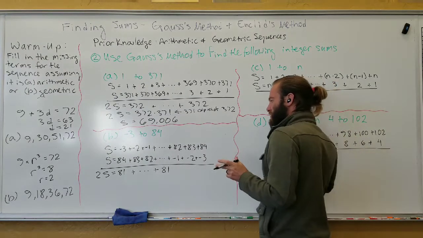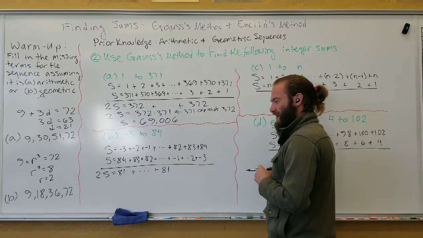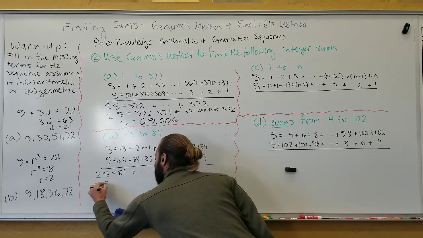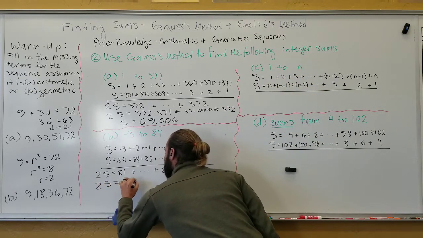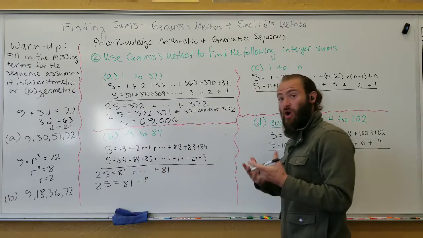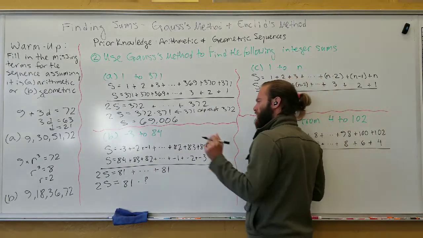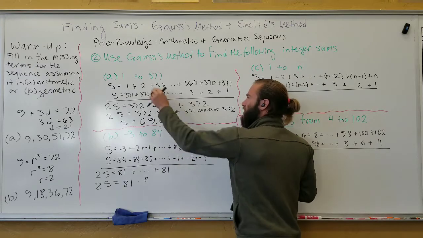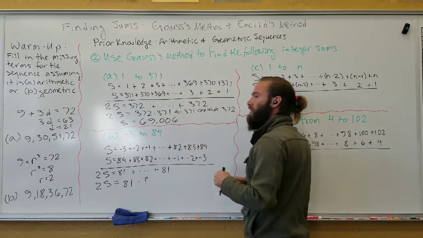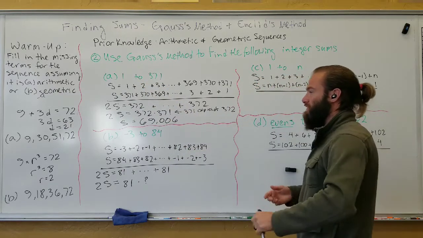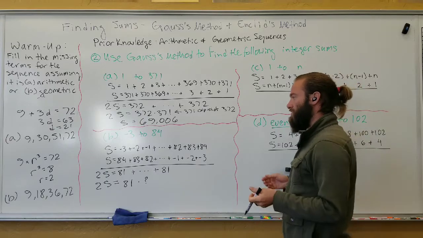Well, this one's a little bit trickier actually to figure out, because we are going to have 2s equals 81 times however many of them there are, right? Like to shorten that. But we have to be a little bit careful, because we're not just starting at the number 1 to 371. You can see there's 371 things there.